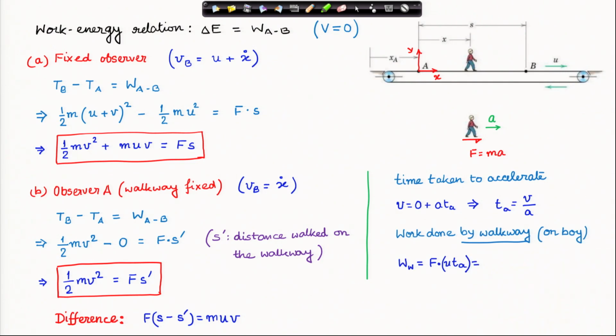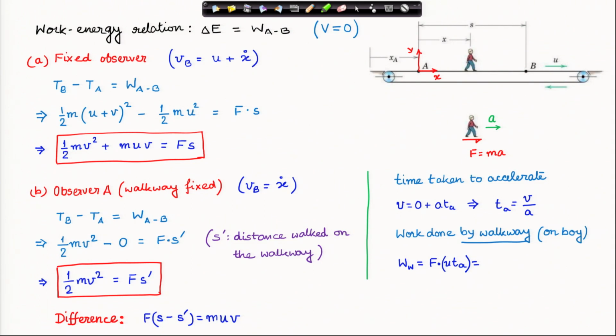Now, let us calculate the work done by the walkway on the boy. F is the force acting between the walkway and the shoe of the boy, and this is the only force in the horizontal direction, so it must be doing the work.